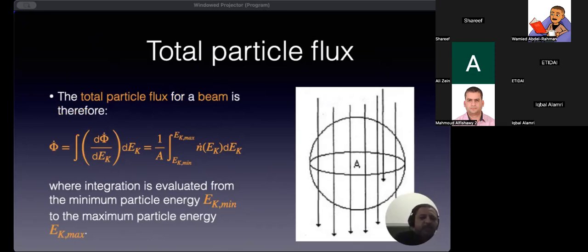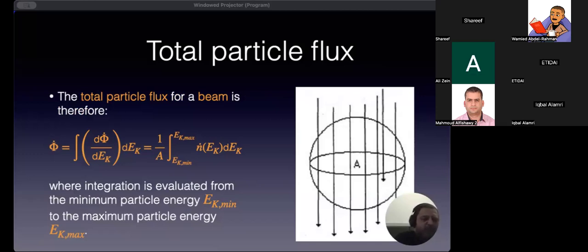And again, the total particle flux is basically the integration of the differential particle flux, or the flux density.